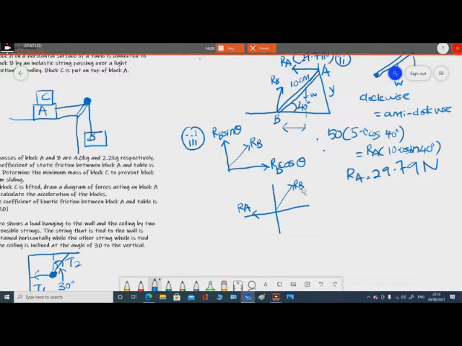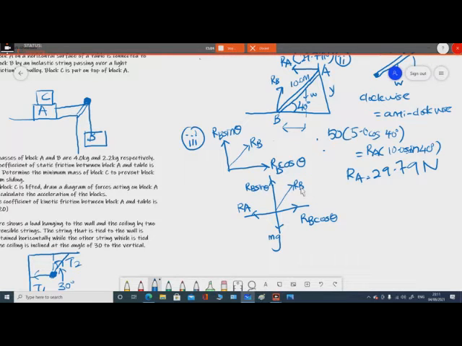RA is inscribed in this plane, and this one will be my mg, and this one is my RB cos theta. So this one shall be my RB sine theta, which is the vertical component for RB. So this one is RA and this one is the weight, this one is the horizontal component of RB and this one is the vertical component of RB.